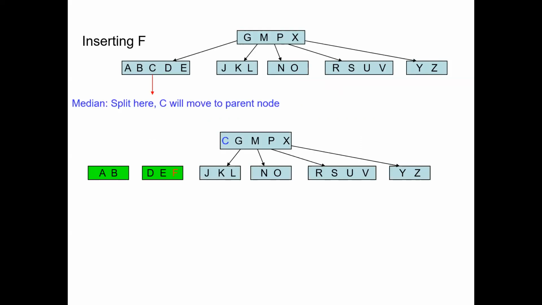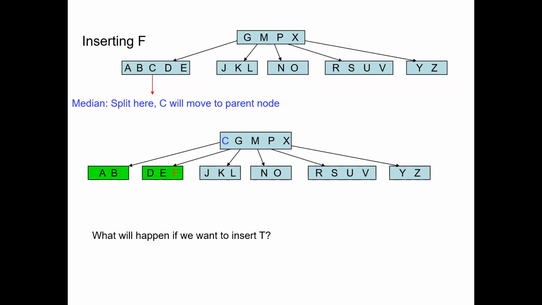Then we'll find the appropriate place for F, and F would be placed along with D, E. And as C moves upwards, there would be a pointer that points to A, B, and a pointer that points to D, E, F.